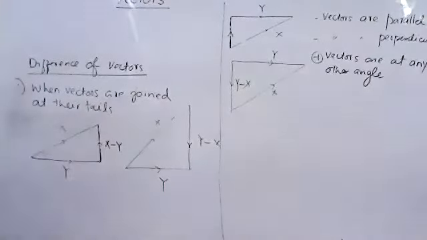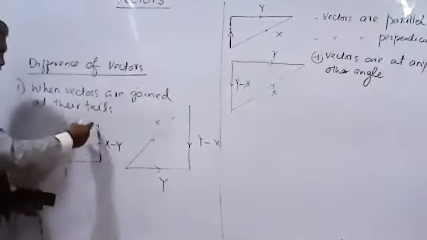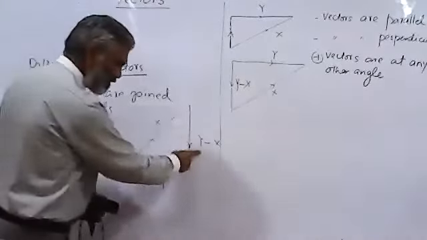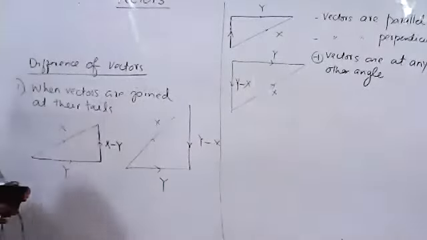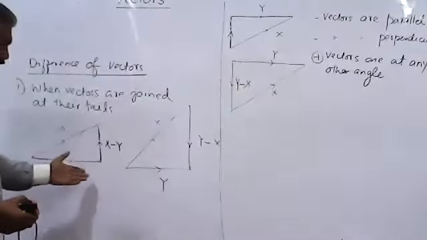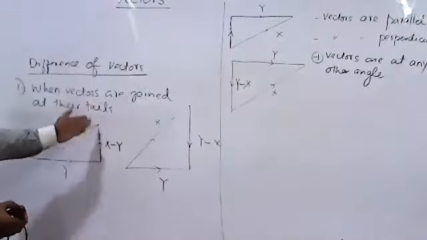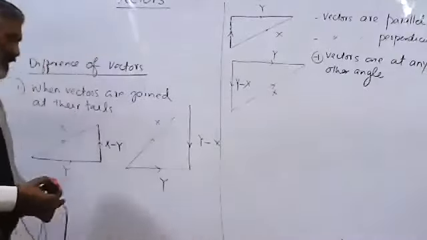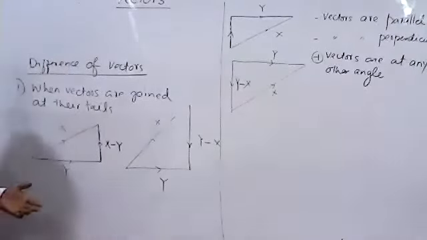In this case, the line joining their heads represents x minus y or y minus x. But how do you decide whether it is x minus y and it is directed upwards or y minus x and directed downwards? It depends what is required in the question.